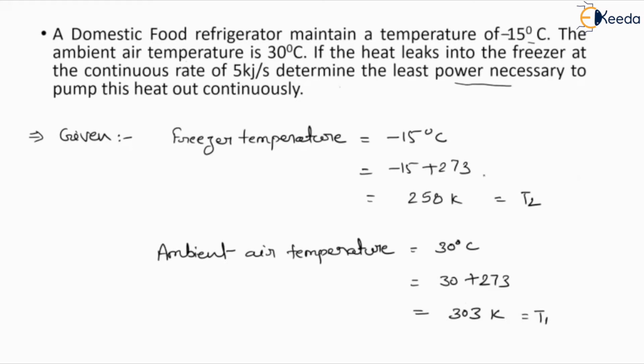So we can draw the diagram as per the given values. Suppose we have one refrigerator, and it is operating between two heat reservoirs. One is the source and the other is the sink.